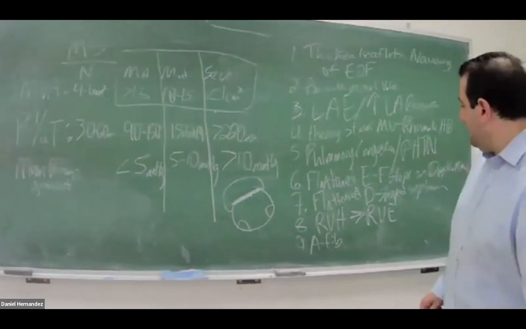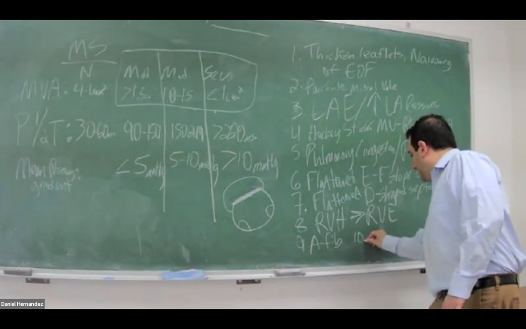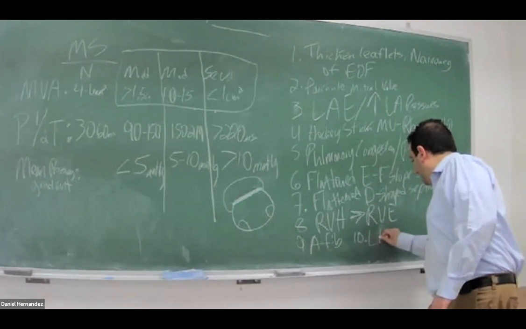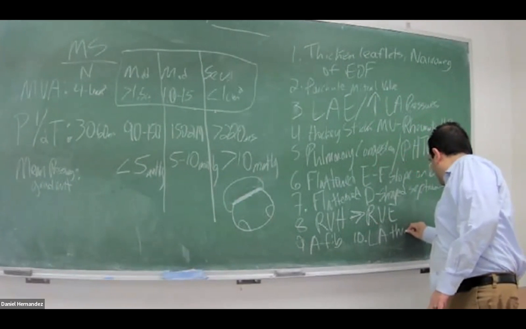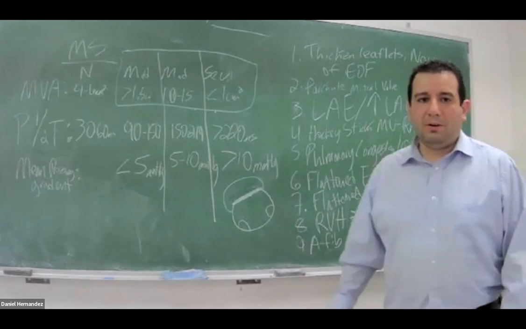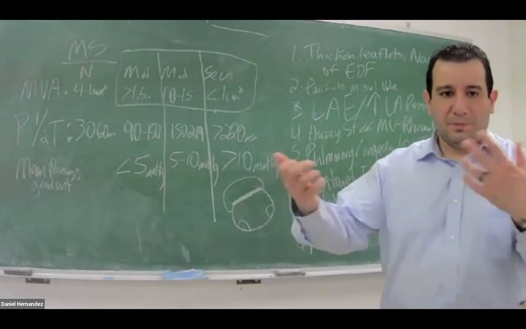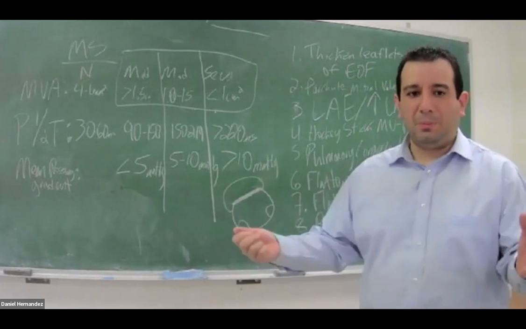Some other things that can potentially happen. I'm going to put 10 here. I would also be worried now about LA thrombus. Blood flow is having a hard time getting into the ventricles, so that flow starts becoming more stagnant.